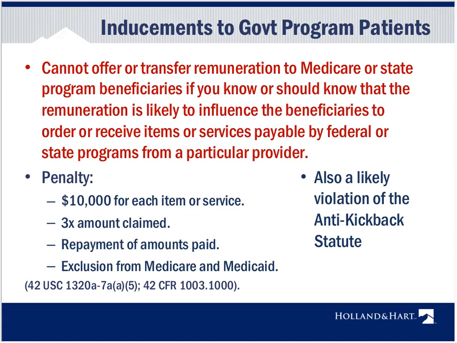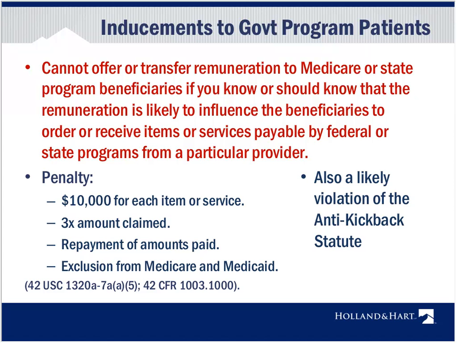Let's talk about those main ones that seem to come up a lot in the civil monetary penalties law. The first one is you cannot offer or transfer remuneration to Medicare or state program beneficiaries if you know or should know that the remuneration is likely to influence the beneficiaries to order or receive items or services payable by federal or state programs from a particular provider.